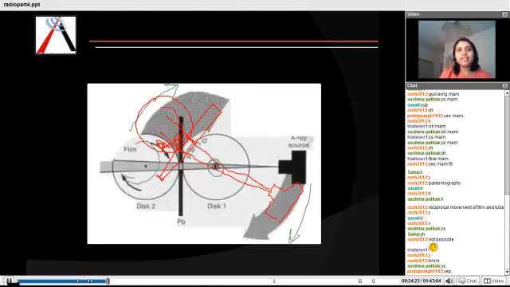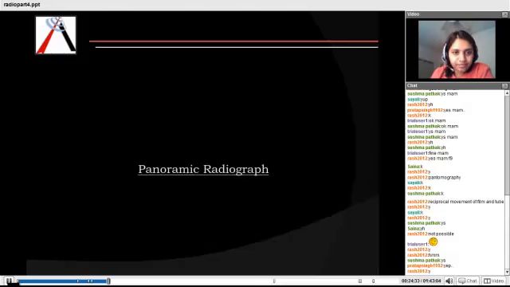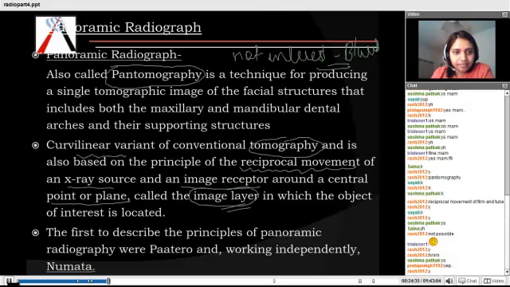That is the basic concept of panoramic radiography. Right? Now let's go back to our slides and see what we have in there. The first one to describe the principles of panoramic radiography was Paatero. And working independently we had Numata.